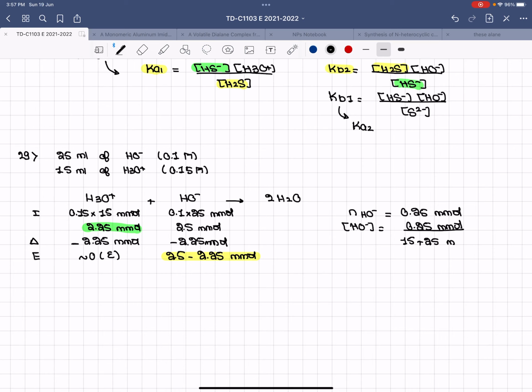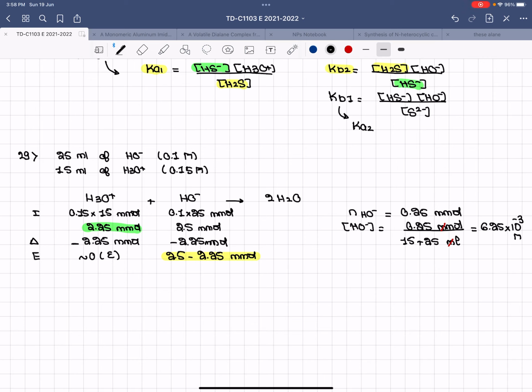If you convert to liters, you have to change millimoles to moles. Only the milli will cancel the milli, because when you go from milli to something, it's times 10 to the power negative 3. So 0.25 divided by this, you get 6.25 times 10 to the power negative 3 mole per liter.